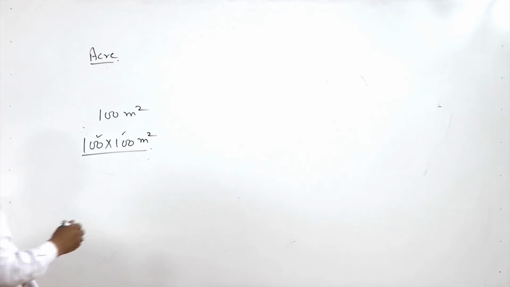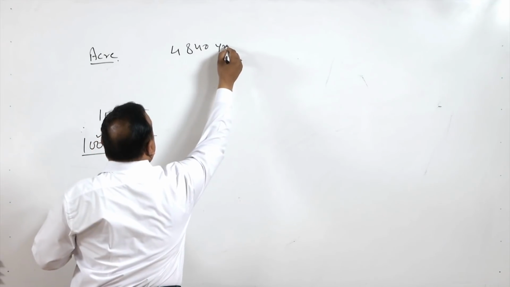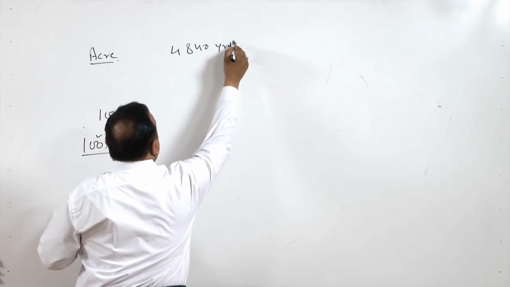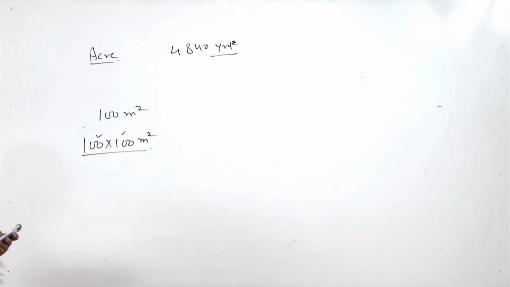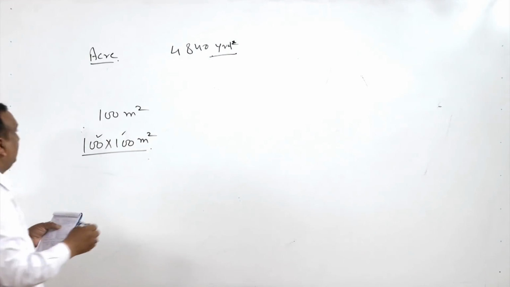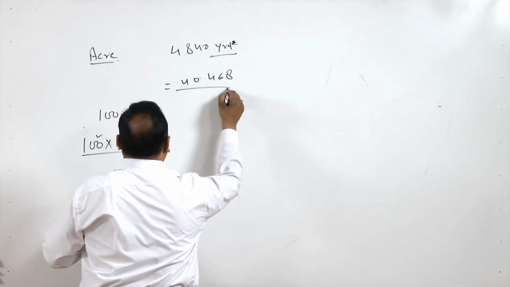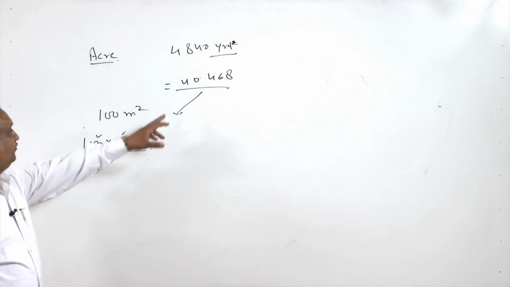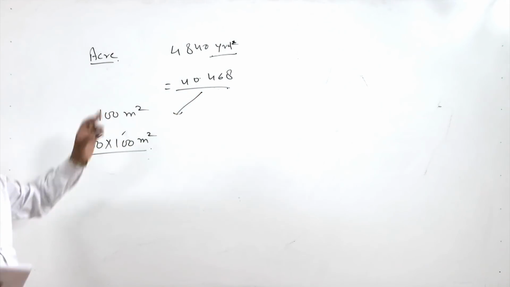Now 1 acre is 4840 square yards, or is equal to 40.468 ares.